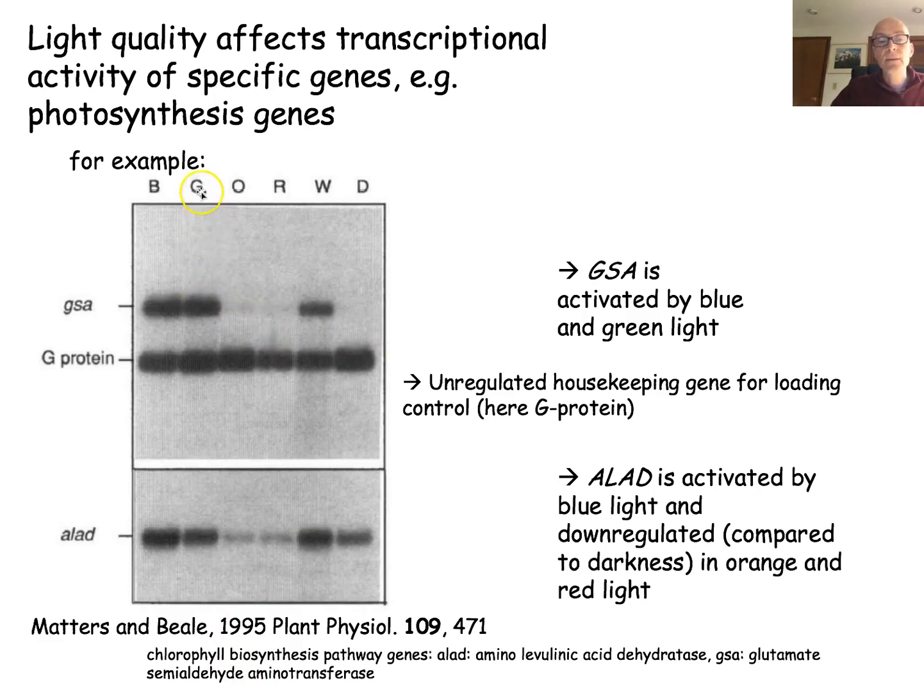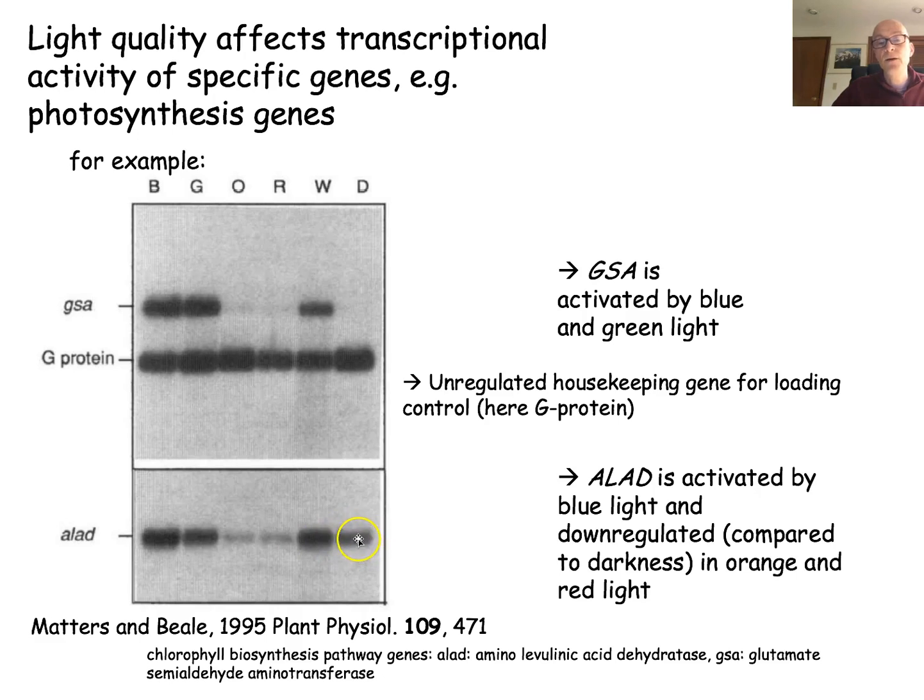So in this case by green and blue light, and in this case also mostly by blue and green light, but also a little bit by orange and red, and even in the dark. So in fact, what you could say compared to darkness, these are less expressed in red light than in darkness, but it's expressed more in blue and green light than in darkness.